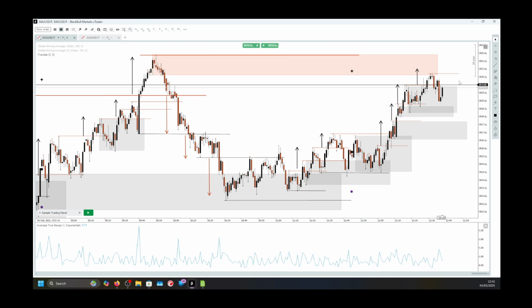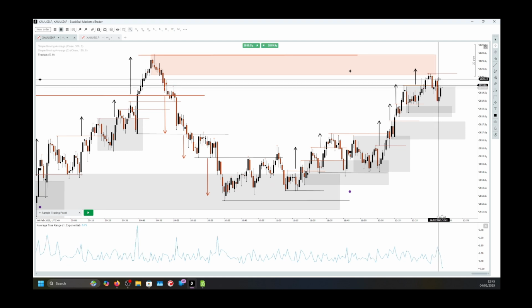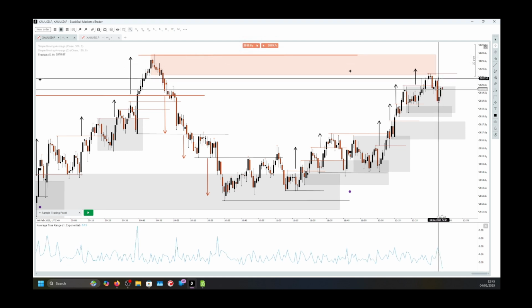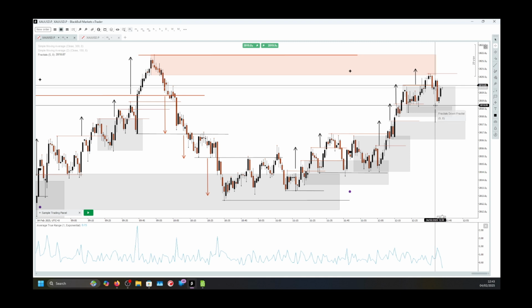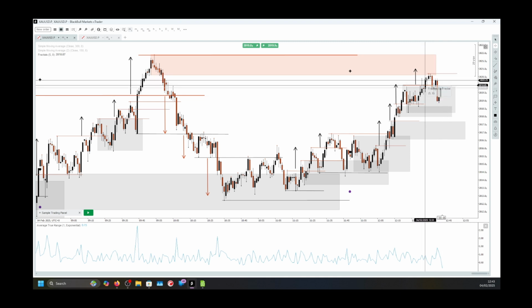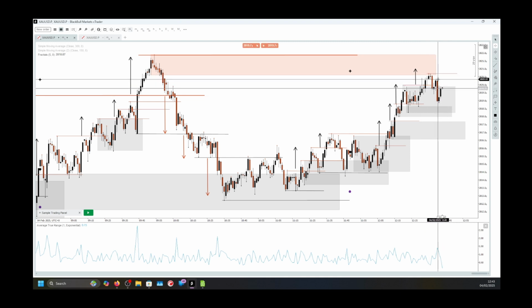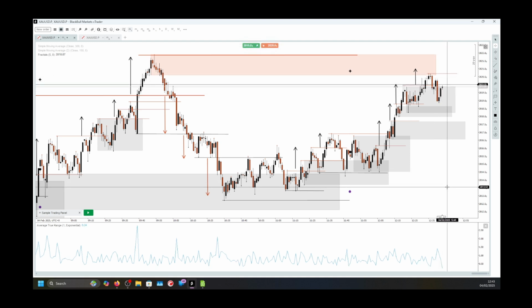But you can see price dropped back, failed to make a new high, and we've got a lower high here. I know it's only internal structure on a 1 minute chart, but that could potentially be the start of price dropping off.